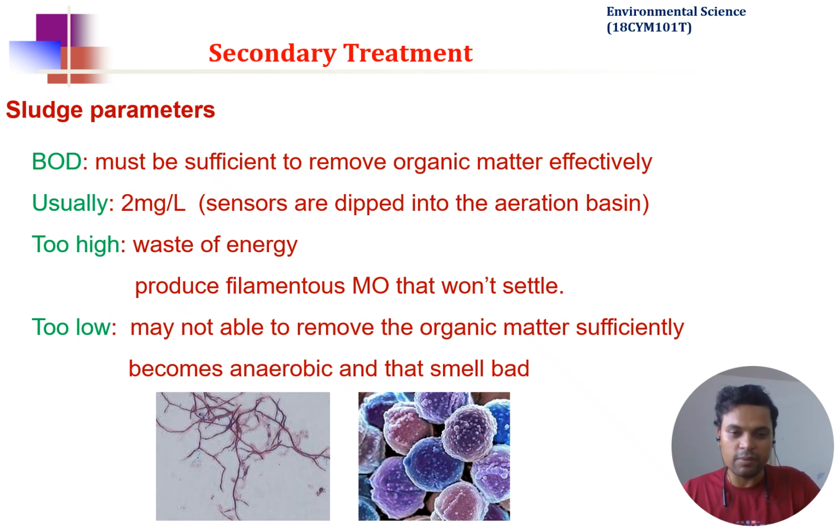So you should always maintain those concentrations. They shouldn't be very high or very low, so that you get spherical bacterial particles that can easily settle at the bottom in the sedimentation tank, and you can easily take them out of the wastewater and get purer water from the outside.